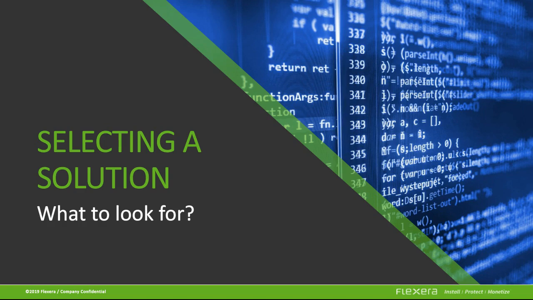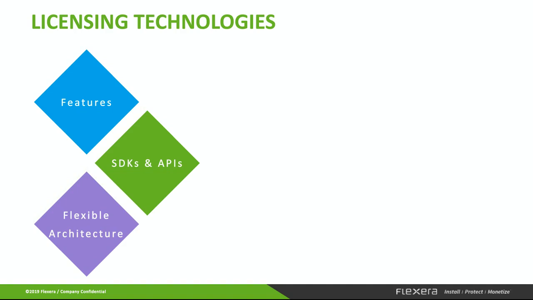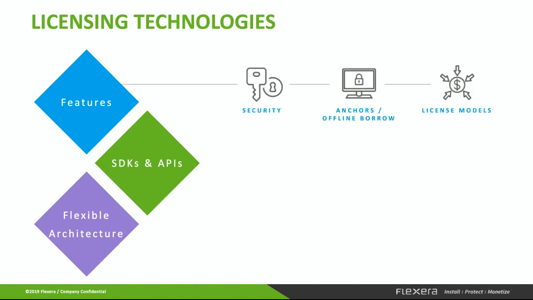So for your software, you want to make sure that the licensing technology has the features that you need, and it goes without saying that this needs security built in. Any license that arrives at your software, you need to be able to authenticate that it is valid and it's come from you, rather than being spoofed by anybody.